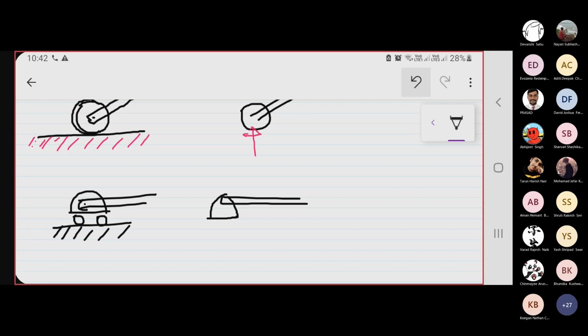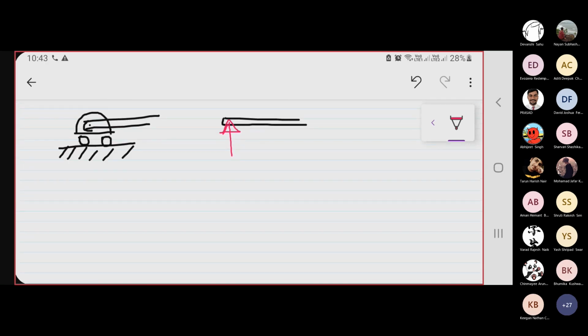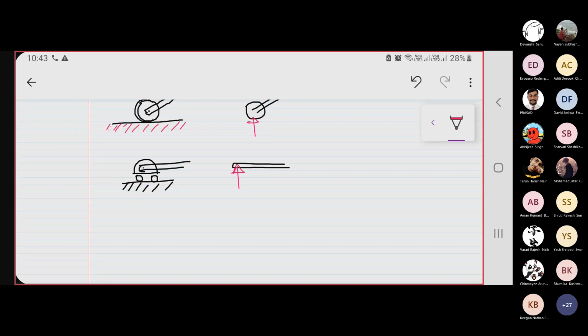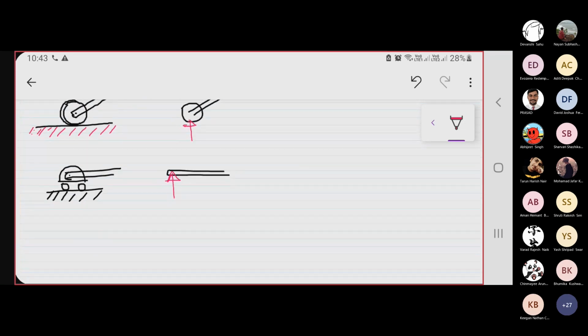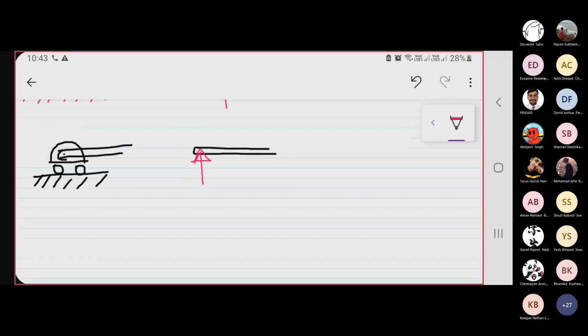And if we remove this support, then the reaction will be like this. Okay. So this is called a roller support. One by one, we are looking at what types of supports are there in our system.